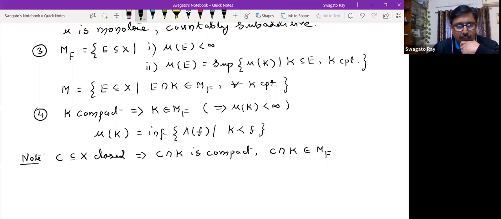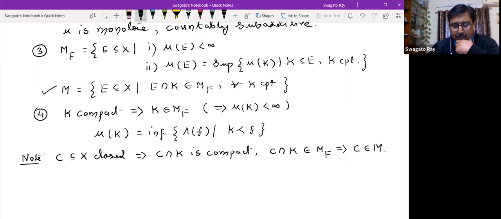You now go back to the definition of M. M contains precisely those sets E such that E intersection K is in MF. But C intersection K is already in MF, which implies C belongs to M. So now I at least know that all closed sets are sitting inside M, right?